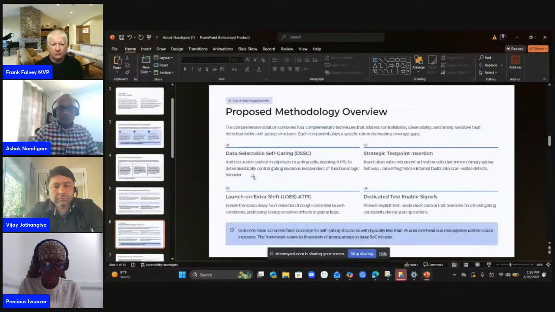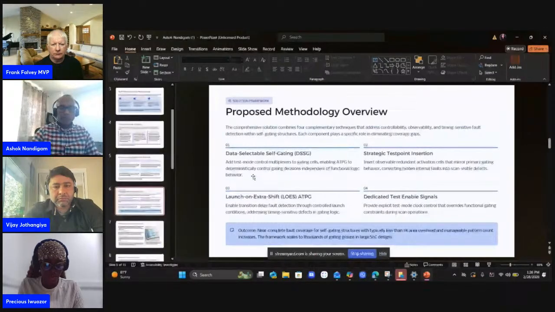So the proposed methodology here is to add a test point flop on the enable pin. Instead of having the logic which is driven by the self-gating itself, which is difficult for us to toggle, we add another flop to the enable pin of the self-gating clock gating cell, which will be controlled by the tool.